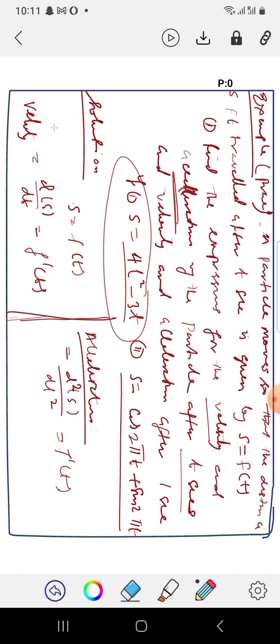Now the velocity and acceleration after 1 second, if this is the function and if this is the function. So those are two different problems. I'm going to solve the first one by looking for the acceleration after 1 second, and you are going to solve the second one.